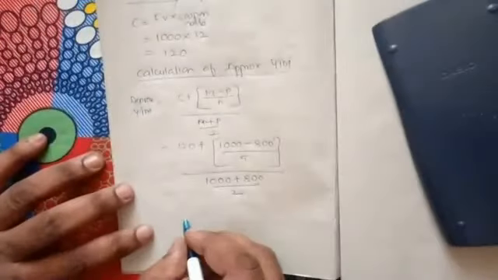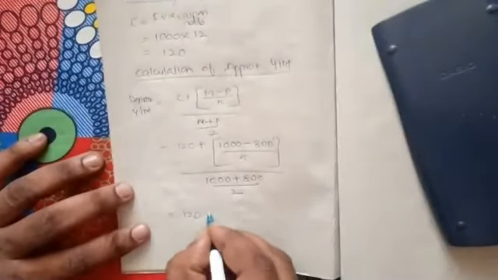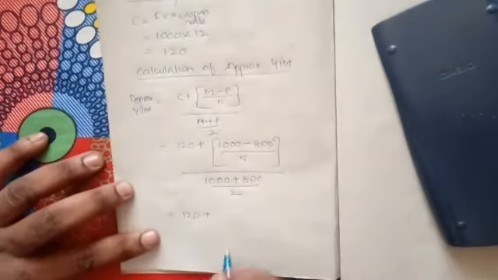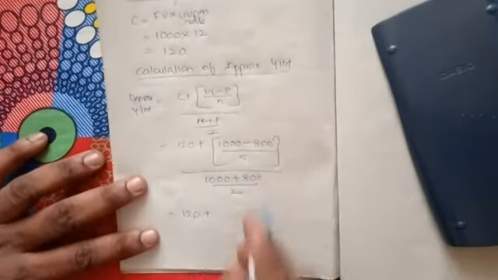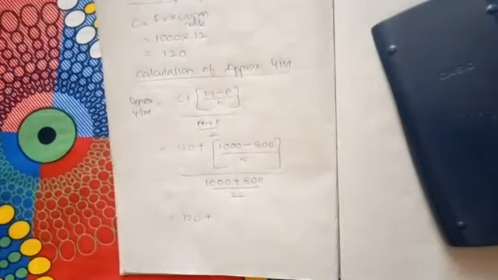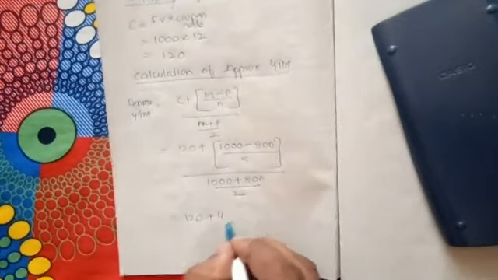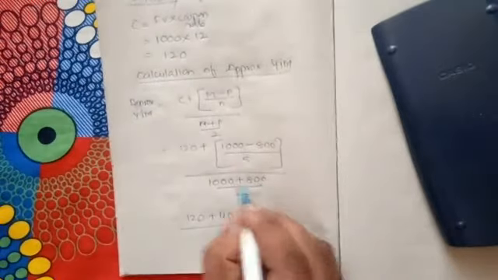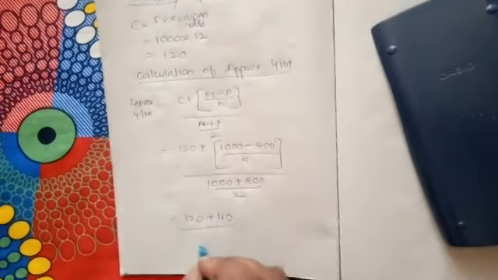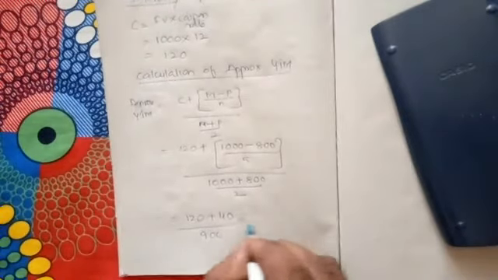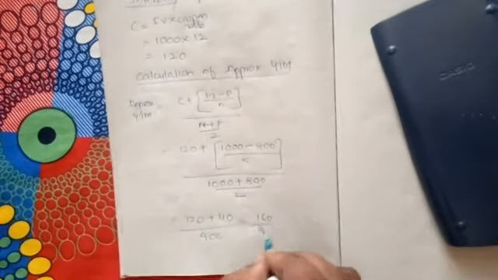Now you can see 120 plus 1000 minus 800, that means 200. 200 divided by 5 means 40. Whole divided by 1000 plus 800, 1800 divided by 2 means 900. So 160 divided by 900.